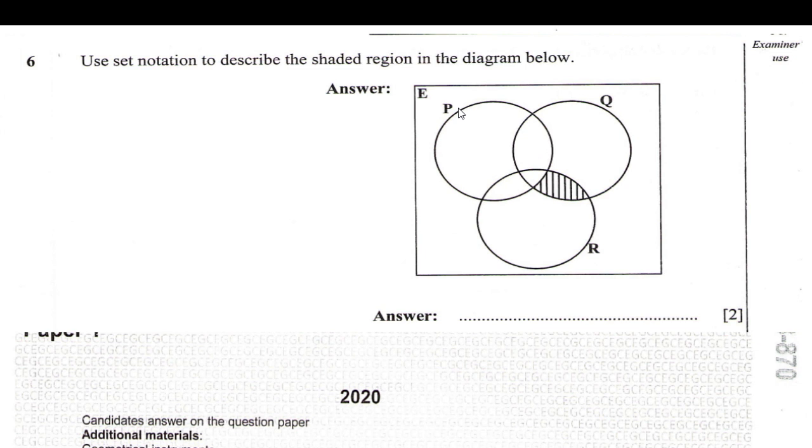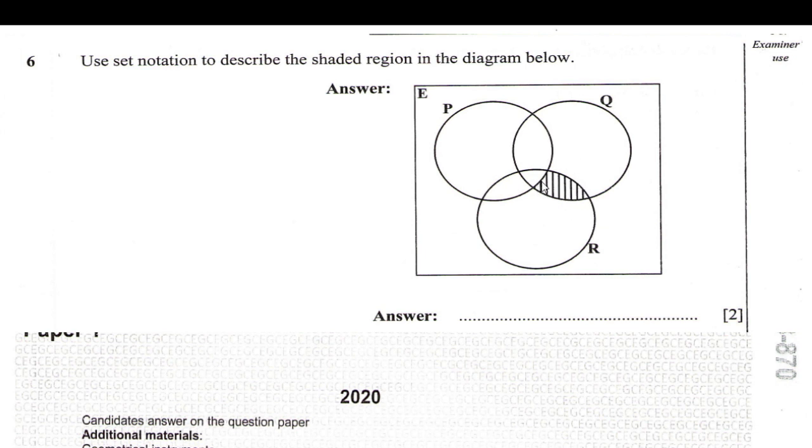We have three sets here: the universal set, then set P, set Q, and set R. They have decided to shade this part here. That's the one they want to list.